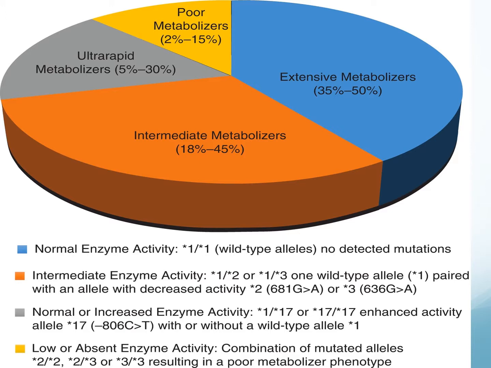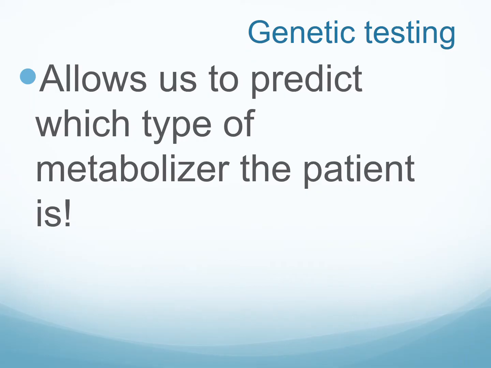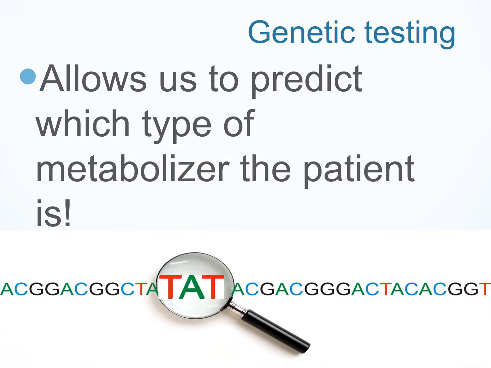Remember, an allele is a version of the gene, and so they've adopted using the star to describe the location. The point of this slide is that when we have genetic testing available to us, we can know which type of metabolizer the patient is because we get a preview into their genetic sequencing.